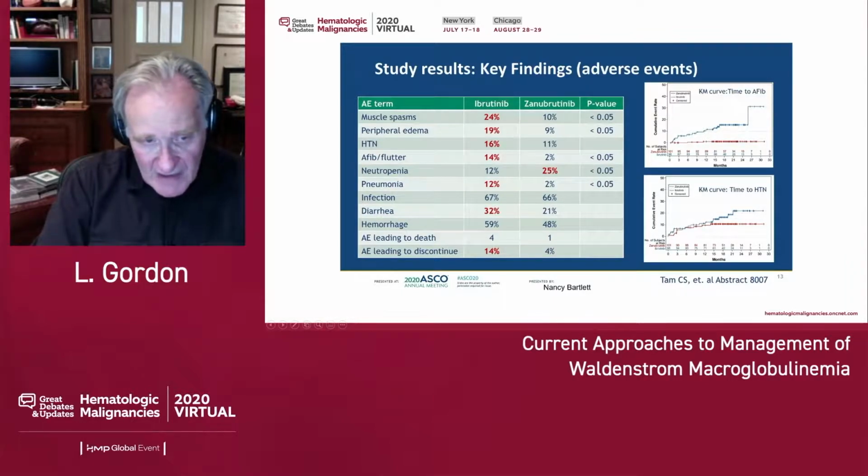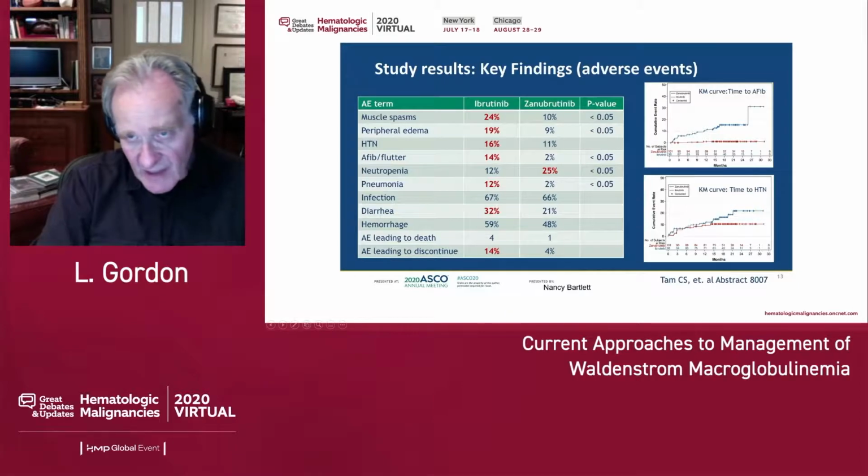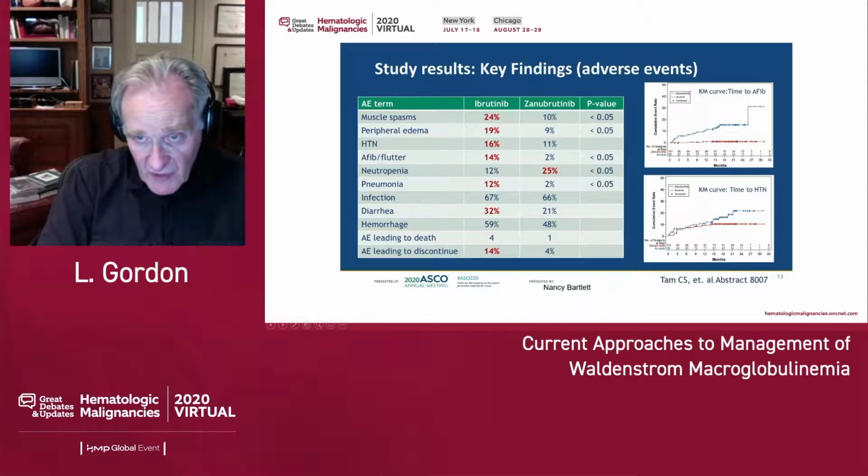If you look at overall at an adverse event leading to discontinuation of therapy, 14% with ibrutinib and only 4% with zanubrutinib. And if you look on the right, the KM curves time to atrial fibrillation or time to hypertension, zanubrutinib is in red and the ibrutinib is in blue.